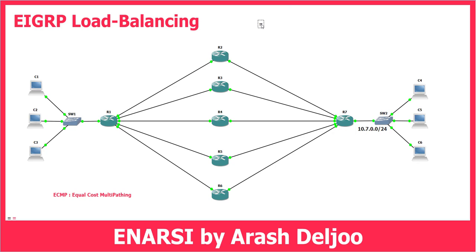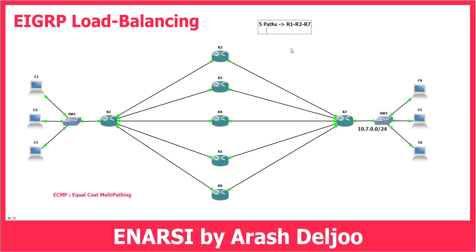Actually, we have 5 paths, and these 5 paths have the same metric. Let me write here R1, R2, R7, for example. This is the first path.